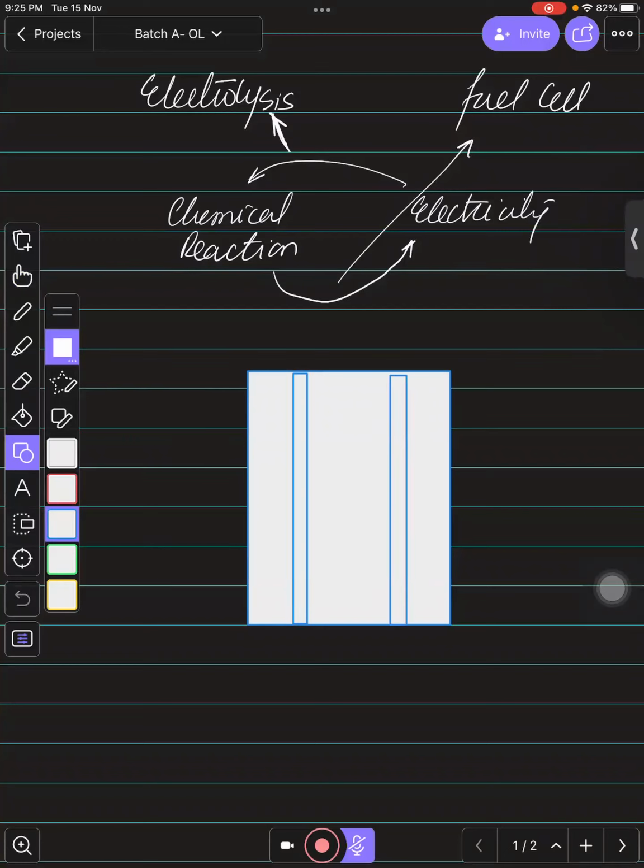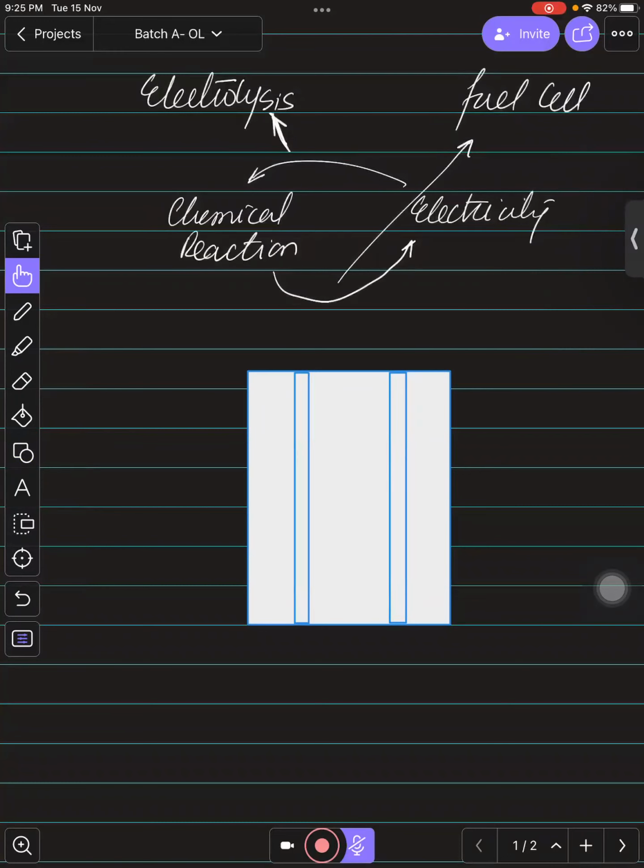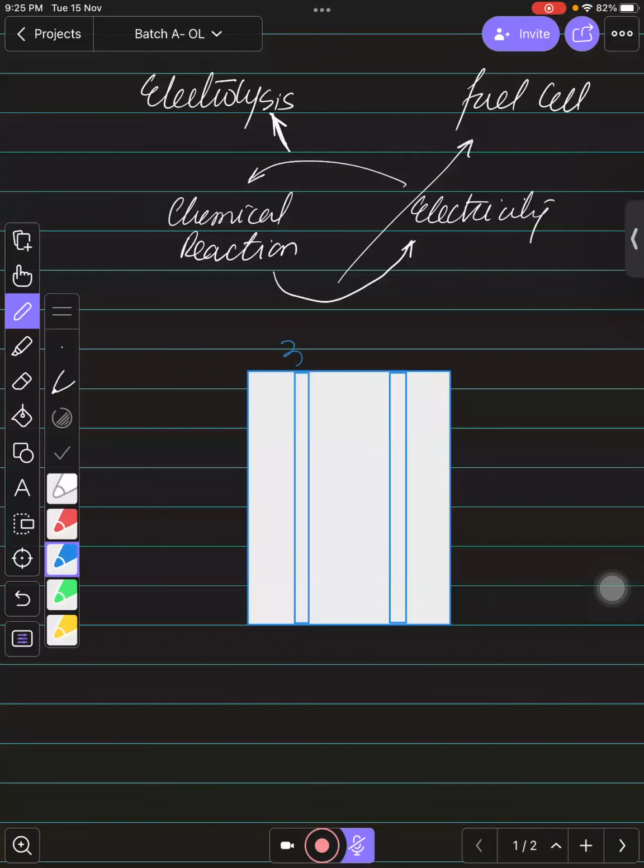We have these 2 compartments, and the compartment on the left hand side is connected with negative, right? And this compartment is connected with positive, right?